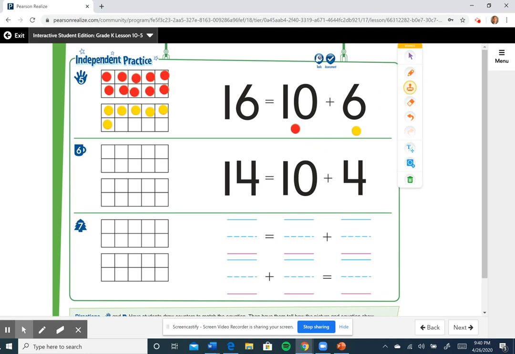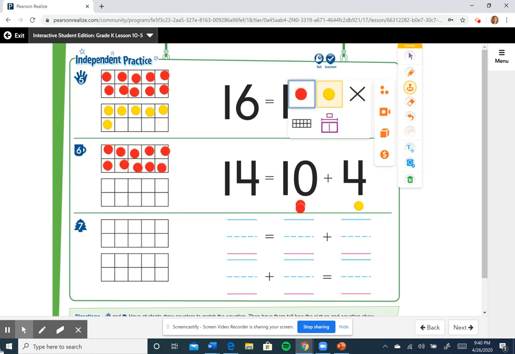Perfect. Now the next one, I'm going to label my counters. So it is 14 equals 10 red ones plus 4 yellow ones. So I know 10 is a full 10 frame again. 1, 2, 3, 4, 5, 6, 7, 8, 9, 10.